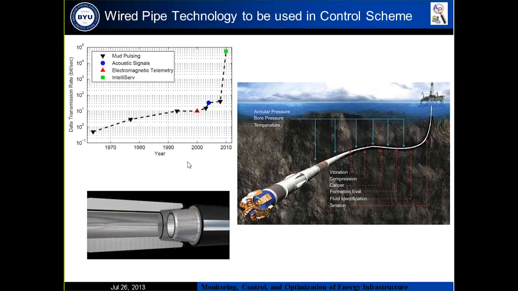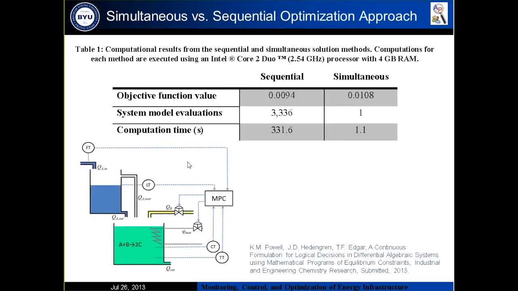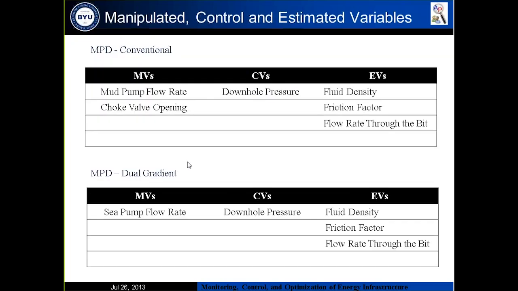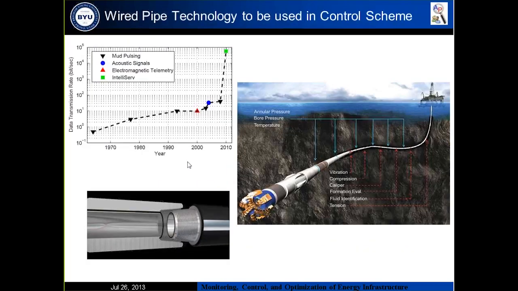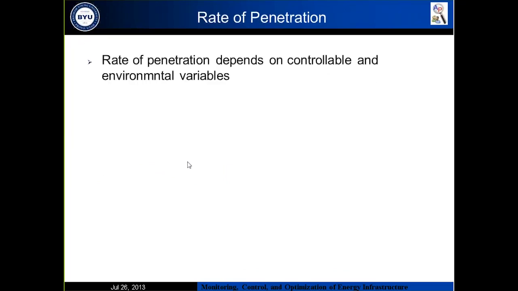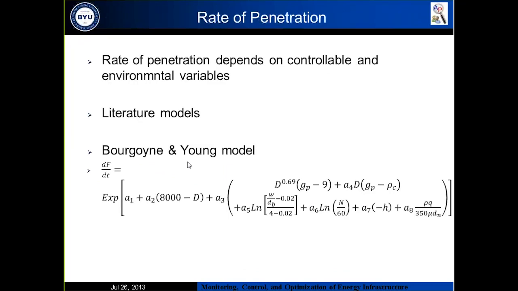The idea is if you increase weight on the bit, ROP increases until you reach the founder point, beyond which any additional weight is going to create cuttings that cannot be removed, and you jam everything, and essentially the ROP decreases. Is this something you intend to include in your studies at a certain point?